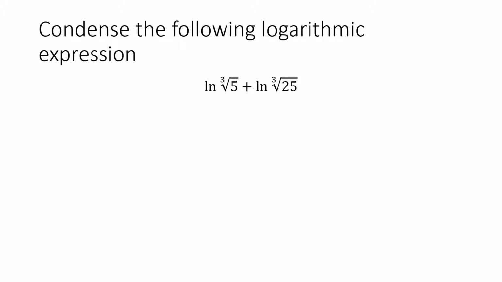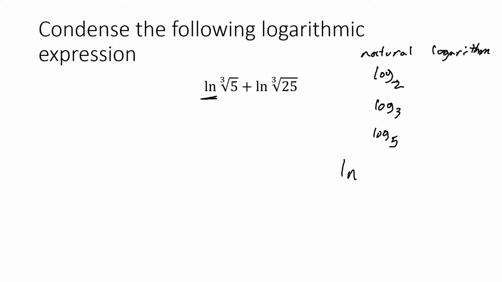For this particular question, it might look like it's different, but it really isn't. So how do we handle this? Well, first of all, this ln stands for the natural log, or natural logarithm. So far we've had log base 2 as an example, or log base 3, or log base 5.